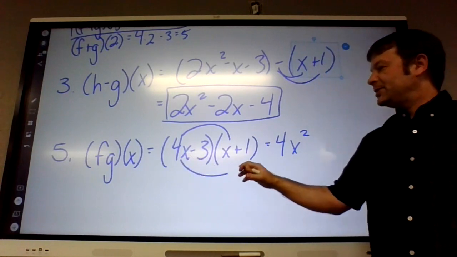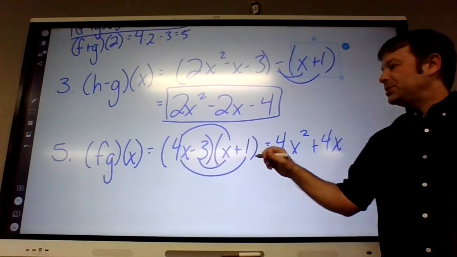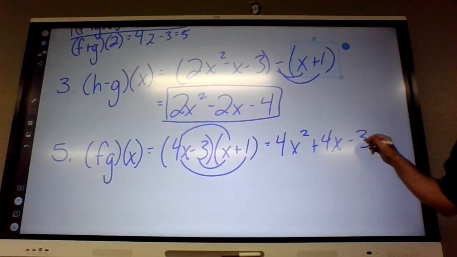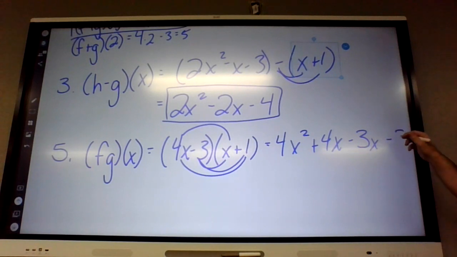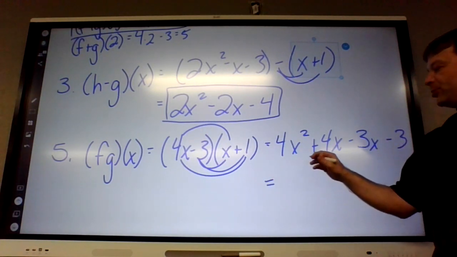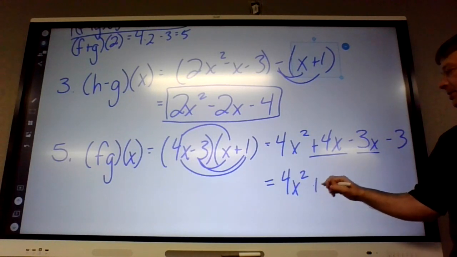The outside is 4x times 1. The inside is negative 3 times x. And then the last is negative 3 times 1. Remember when you FOIL, those two are usually like terms, so add them together.